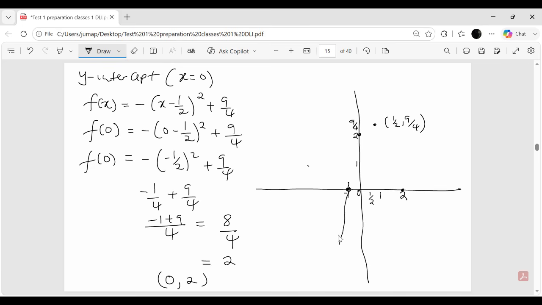You connect the points here, another one there, another one there. As a result, you have this function, f of x equals negative x squared plus x plus 2. Are we together?